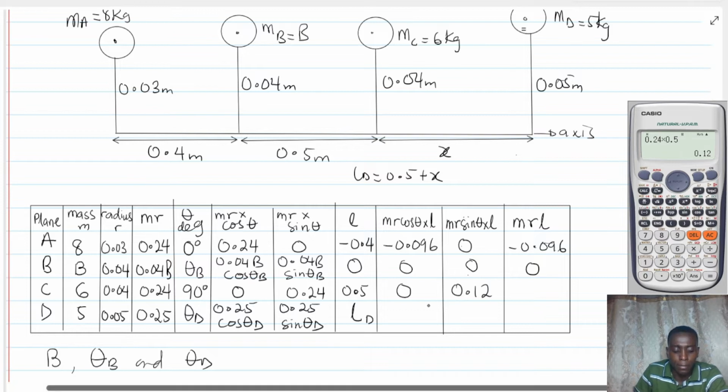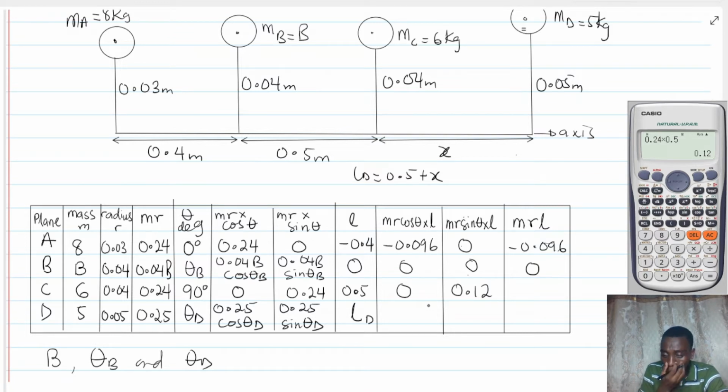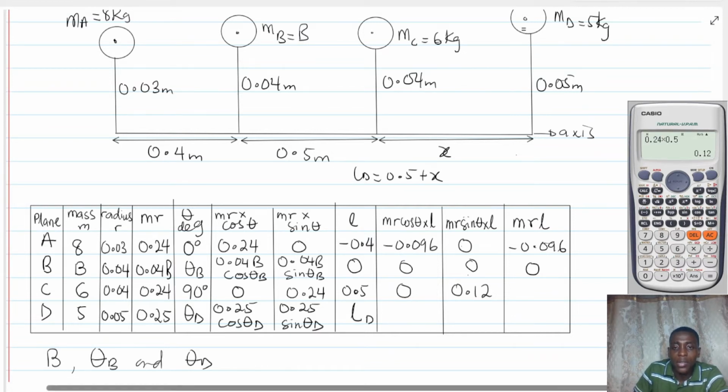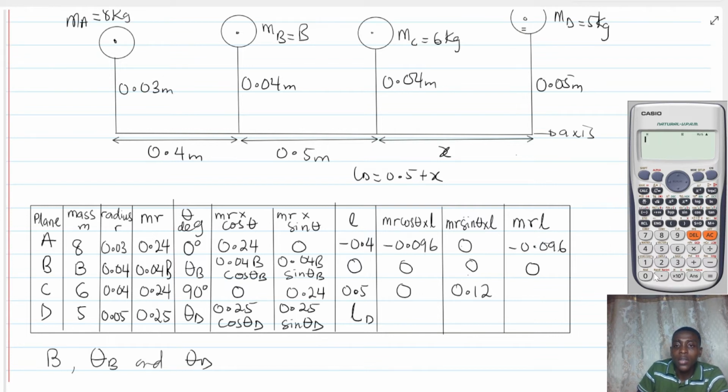And then finally MRL: 0.24 multiplied by 0.5, which again gives 0.12.